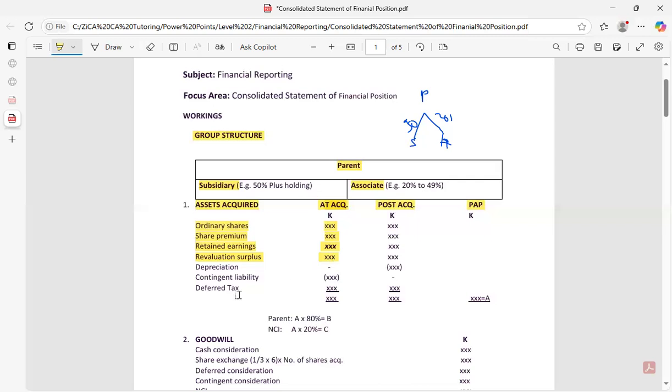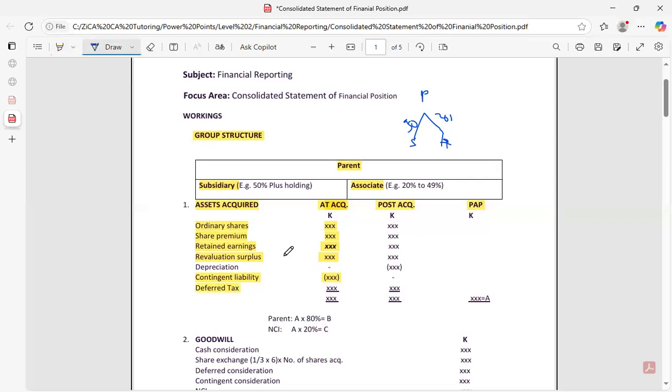You're also going to have what's called a contingent liability. You don't have to stress about these because you'll be given them. The contingent liability is a negative. You'll also be given deferred tax, which is supposed to be in brackets.